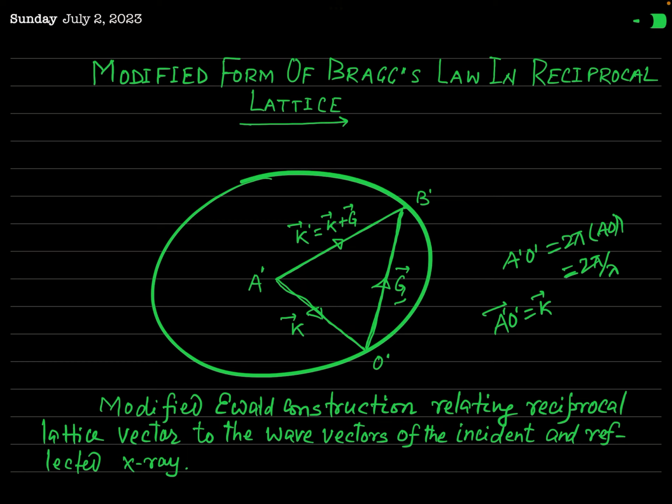So you can say that the necessary condition for occurring diffraction is that the points O prime and B prime must be lying on the surface of the same sphere. And if O prime and B prime both are on the surface of the same sphere, then definitely mod of A prime B prime must be equal to mod of A prime O prime.